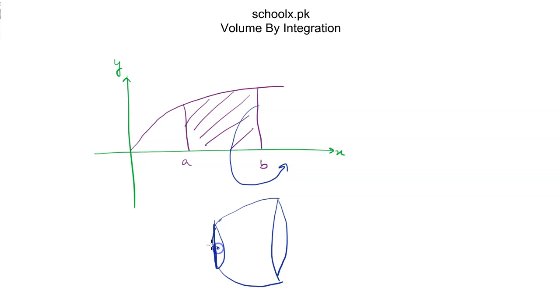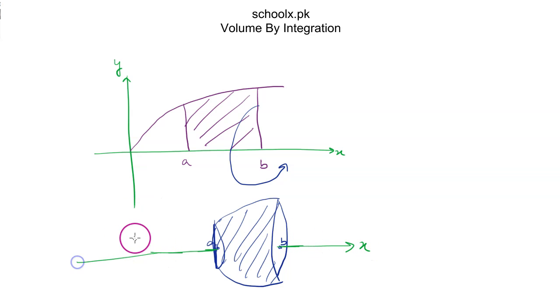This is A, this is B, this is my shape right here, and my axes will be these. My x-axis, and this is my y-axis.